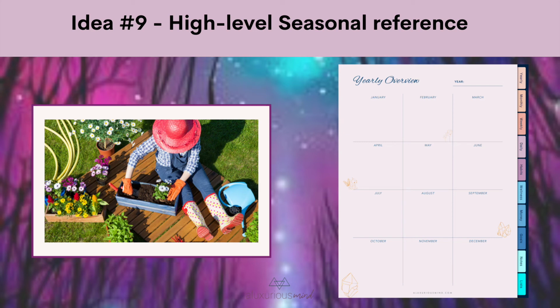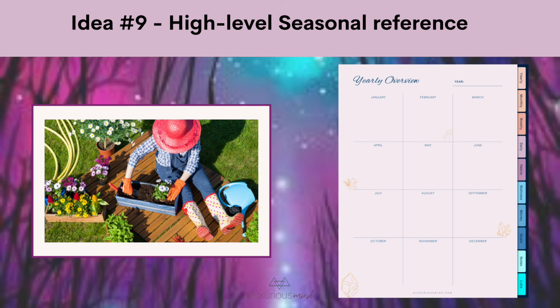So it could be used for planning, but it could also be used for tracking and knowing when things were put in the ground. You could also use the yearly layout as a very high level to track seasonal foods that might be available and coming in, like fruits and vegetables, just for planning menus. Again, you can't use it to get super detailed with menu planning, but you can know when certain fruits and vegetables are going to be available.